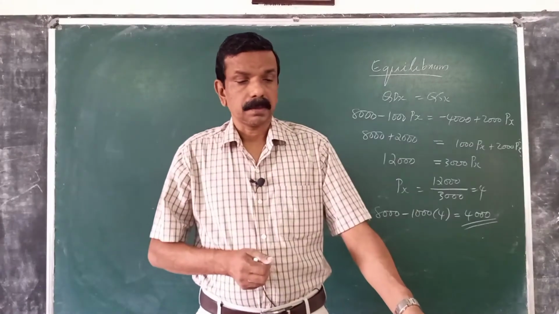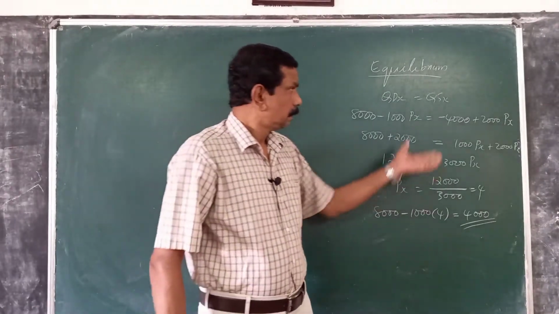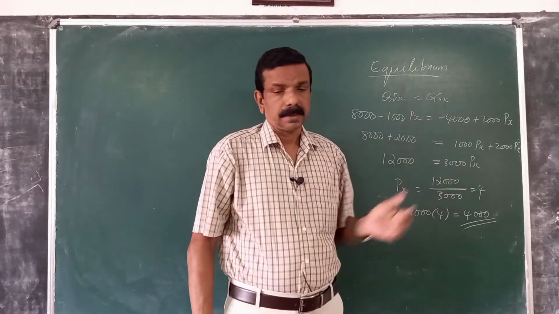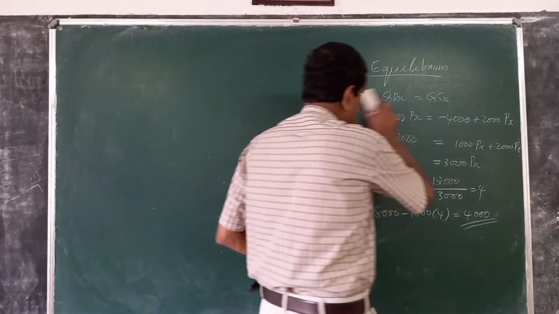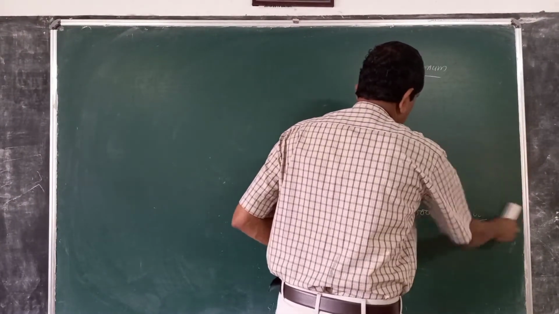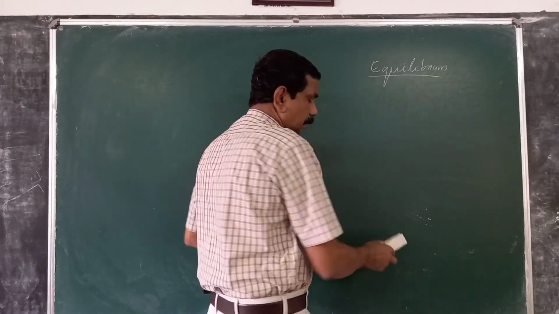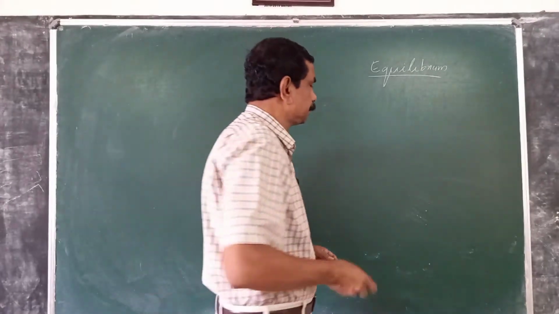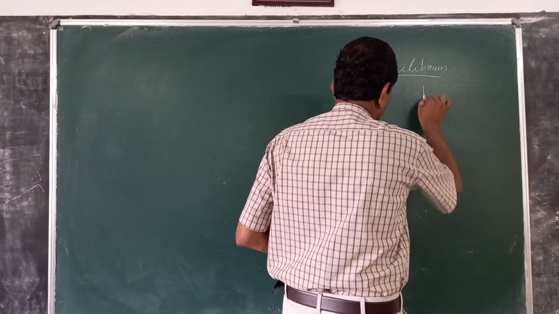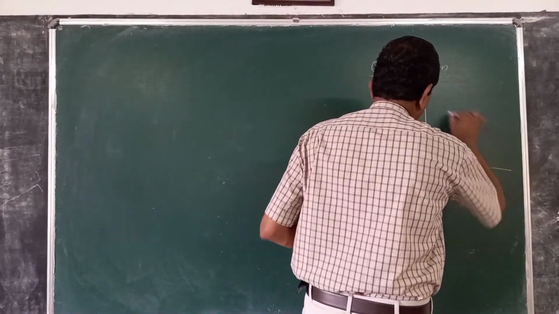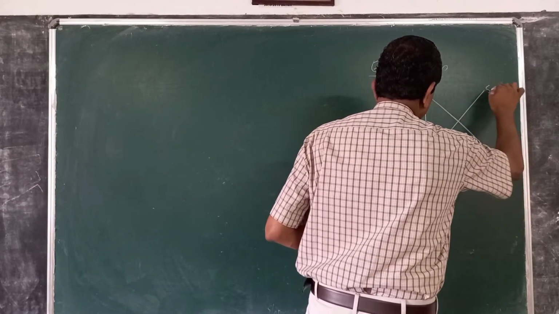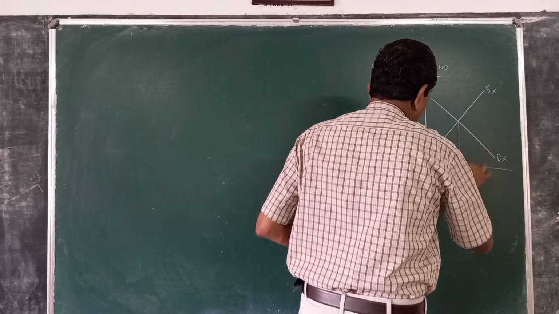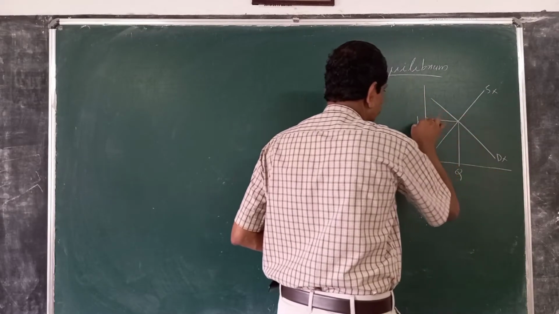Now remember this: equilibrium occurs when quantity demanded is equal to quantity supplied. Suppose this is the equilibrium, with the demand curve, the supply curve, equilibrium quantity and equilibrium price.